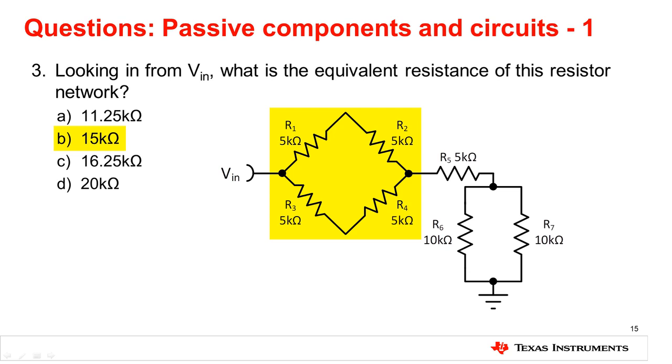This leaves us with a single 5 kiloohm resistor equivalent to the combination of R1, R2, R3, and R4. This can be combined in series with the equivalent resistance formed by R5, R6, and R7, which we found to be 10 kiloohms. So overall, we have an equivalent resistance of 15 kiloohms.